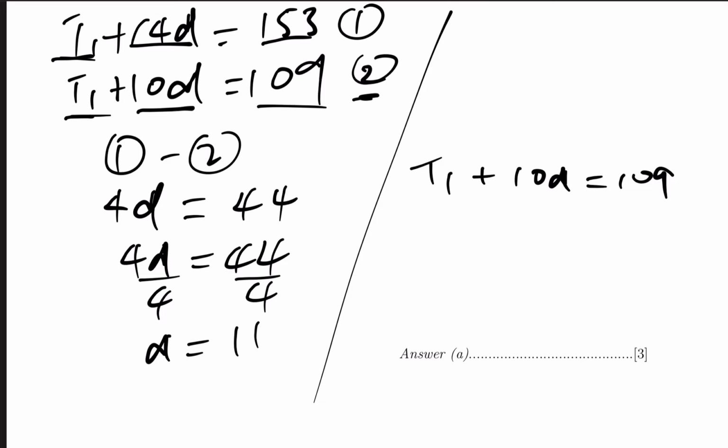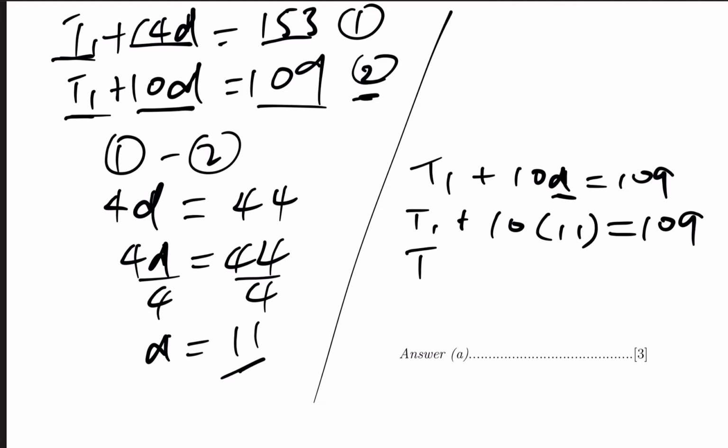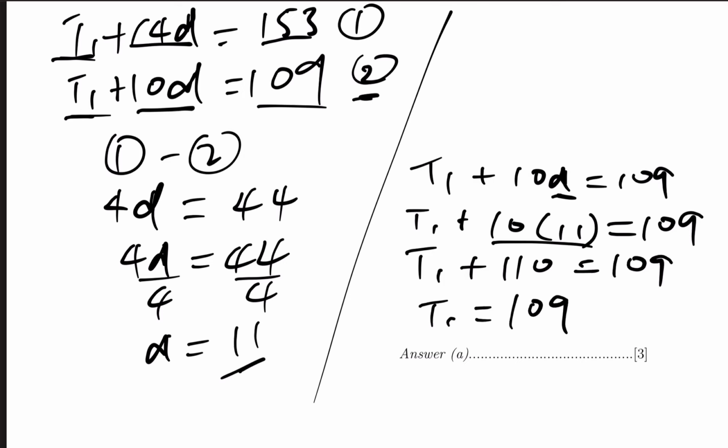So we're looking for T1, and where's this d, I will substitute with 11. T1 plus 10 by 11, that's 110, is equal to 109. Then T1 will be equal to 109 minus 110. T1 would be equal to -1.